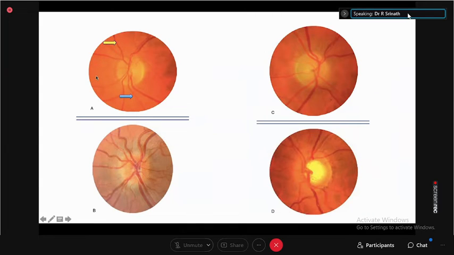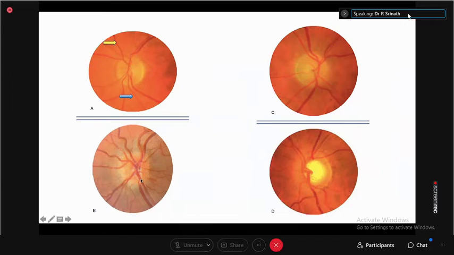Here, on the left side, diagram A is a normal fundus. What is shown in blue is an artery and what is shown in yellow is a vein. We can see the artery here, we can see the vein here. Just below that is papilledema. You can make out here, this is a normal disc, and here the differentiation between the fundus and the disc is gone.